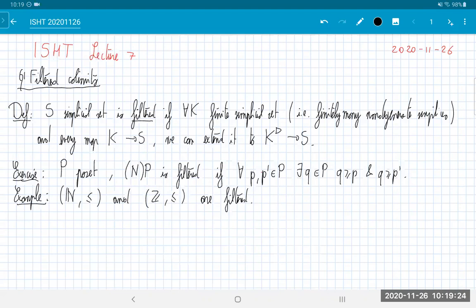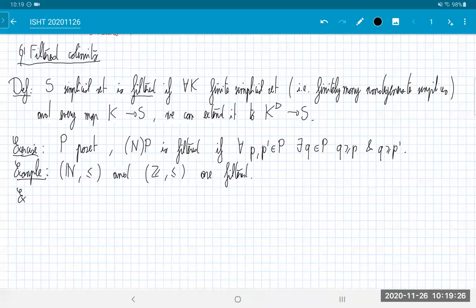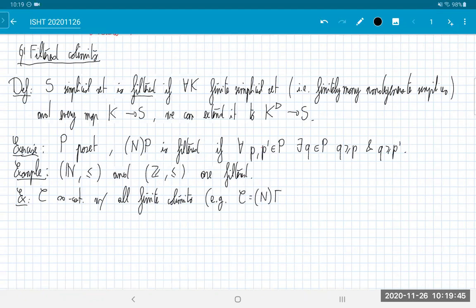I mean, the classical example actually is that if C is an infinity category with all finite colimits, so for example take C, the nerve, again I'm going to parenthesize it, of finite sets, then C is filtered.